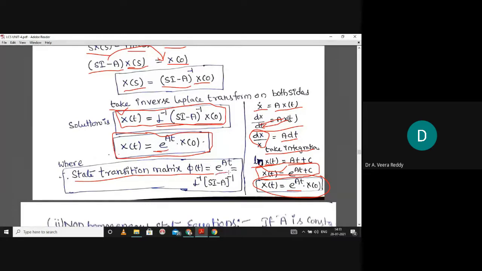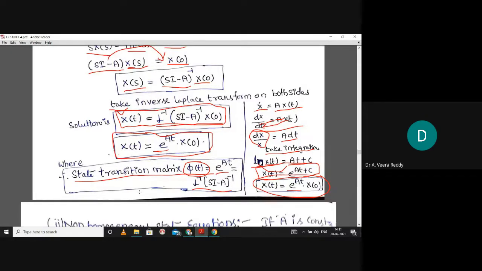This is given by phi of t, where phi of t is nothing but the state transition matrix. So this is very important.